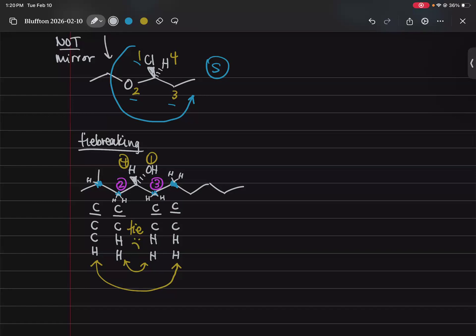Let's cheat. All right. So hydrogen's coming toward us. So that means our clockwise versus counterclockwise, our S thing is going to be backwards from the way it should be, or the way it seems natural, at least to me. Okay, so 1, 2, 3 in this position are counterclockwise. So is that R or S in this case?